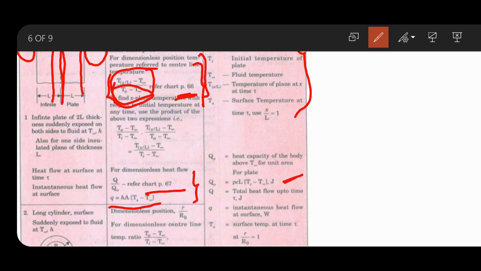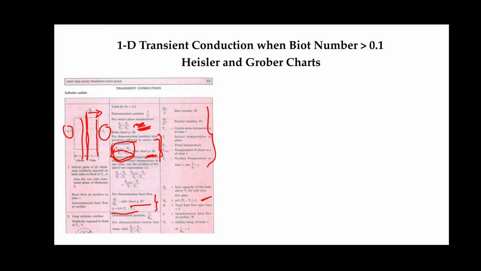So we can find the instantaneous heat transfer rate using this. Below that you have relations for the long cylinder, and on the next page you have relations for the sphere. Now let us look at the chart.